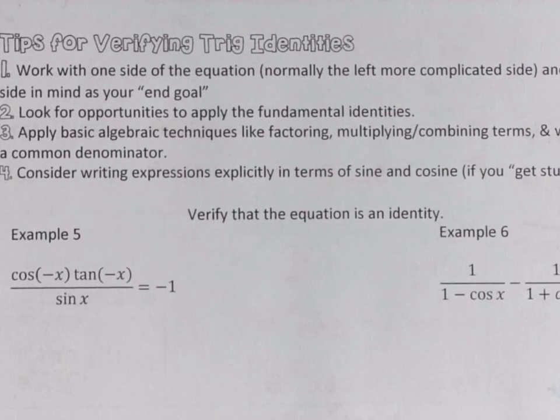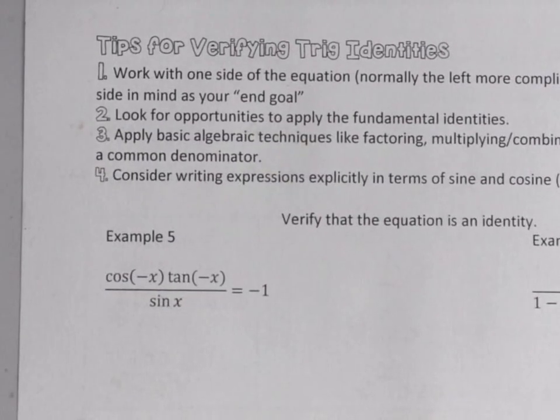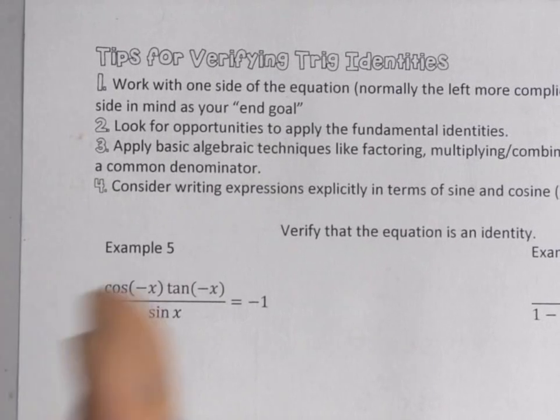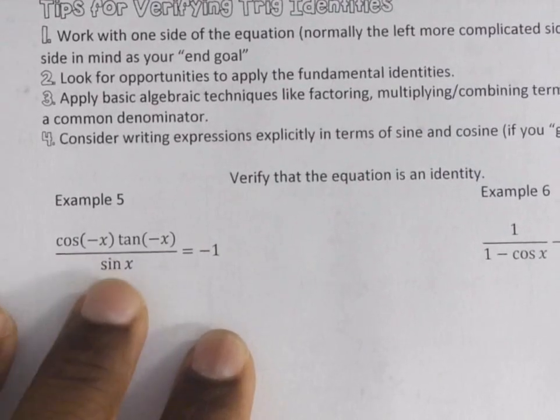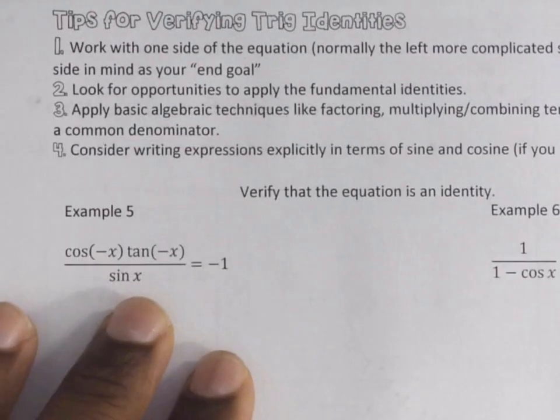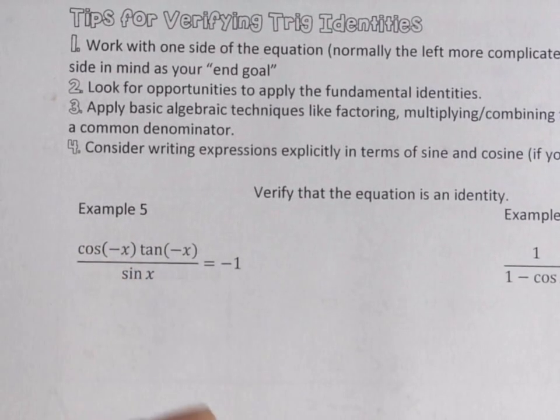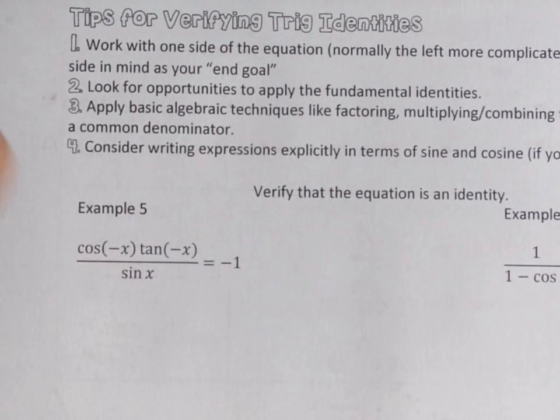Okay? So, these problems can have a little bit more pieces to them. So I got some steps for you if you get stuck when you start doing these on your own. All right, so you'll work with one side of the equation. Most of the time it'll be the left side. Not always, but most of the time you'll work from the left side and you'll want it to look like the right side. You'll use the identity, step 2, like we've been doing.